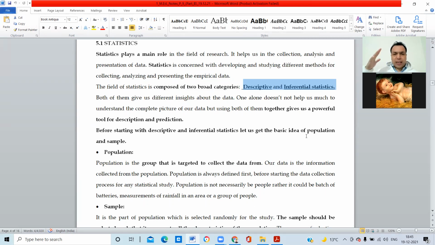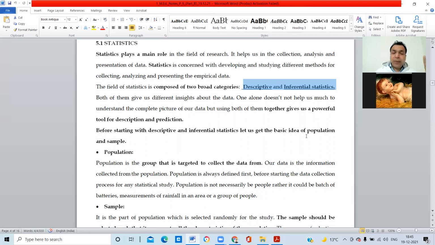Suppose you are the principal in a school, and you have a strength of 2000 students. You want to see the result in graphical form. Then you use descriptive statistics, which we finished in semester first.